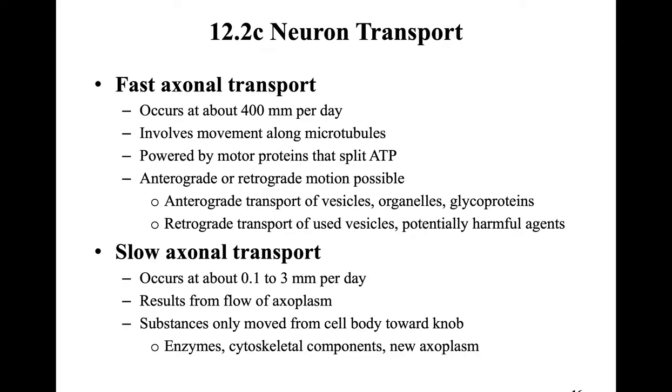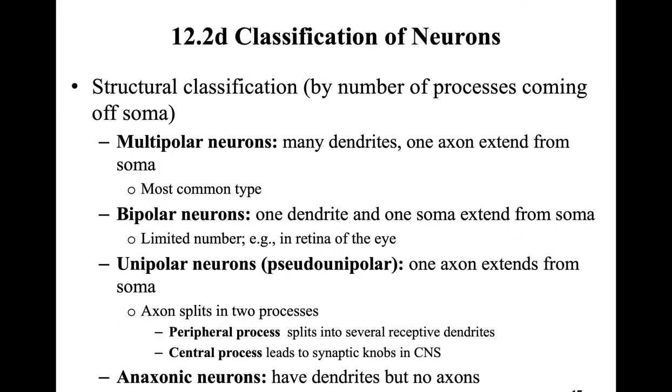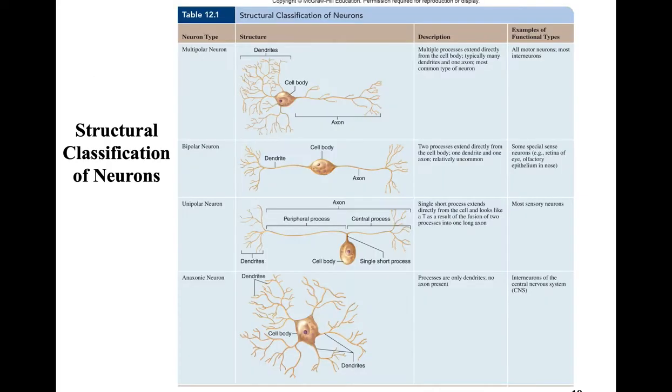Okay, moving on. Now this picture I do care about. This picture is on page 443. For test purposes, what they ask you about this page is simply knowing the three types you see there: multipolar, bipolar, and unipolar.